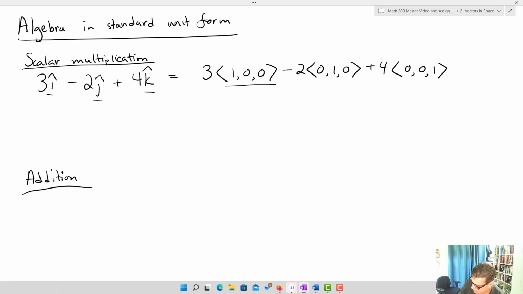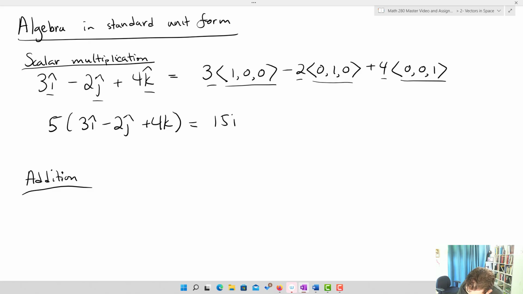This is the first vector, here's my second vector, and here's my third vector, and these are scalars. Okay? But we can actually do scalar multiplication and addition with unit algebra and standard unit form. Really not all that hard. Let's say, for example, I want to take 5 times (3i minus 2j plus 4k). That's going to end up equaling 15i minus 10j plus 20k.